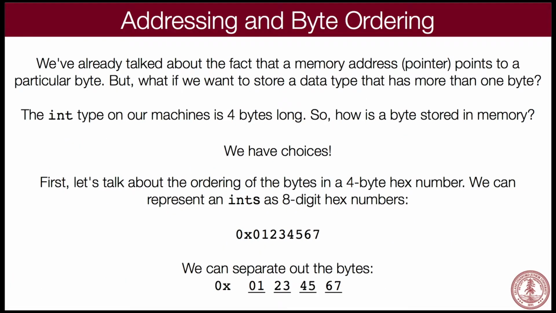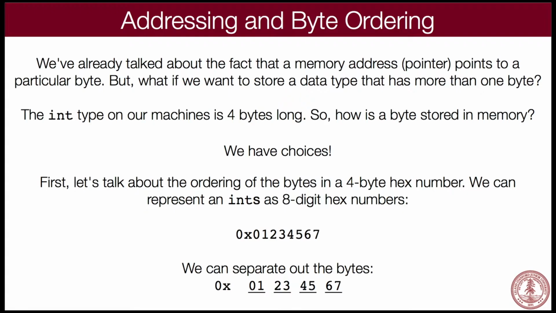Okay. Now, here's where things get a little bit interesting. Memory address pointers can point to a particular byte. Okay, so we had a picture before where we had, I'll do it up here, argv, which pointed to here, and then this was another pointer which pointed down to some cats sort of thing here.